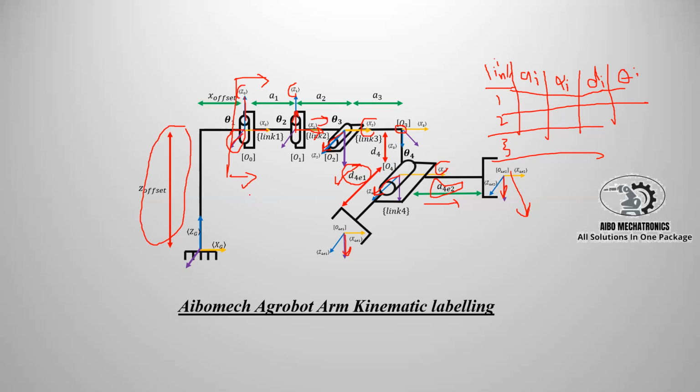So I tried it in 3D, like a SolidWorks sketch, and the end effector came to my target position, and I tried with Python code. I got the same results. So this labeling is correct. You can try your own kinematic convention, and you can get the same result.